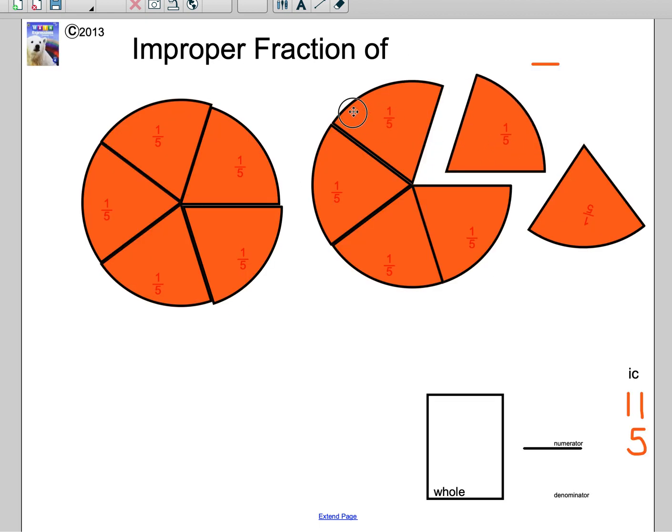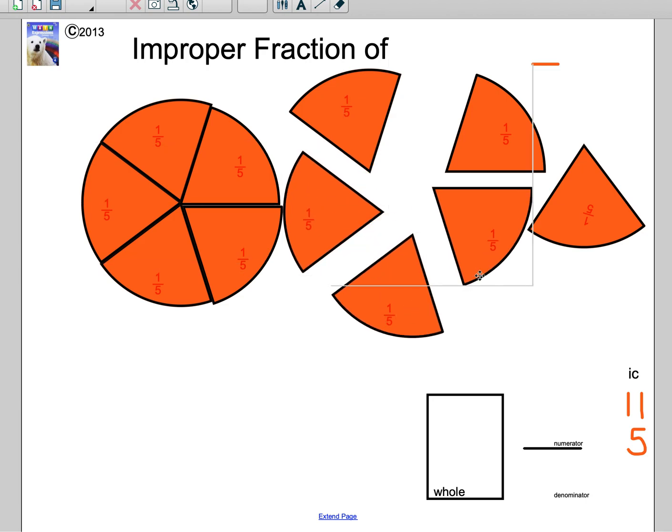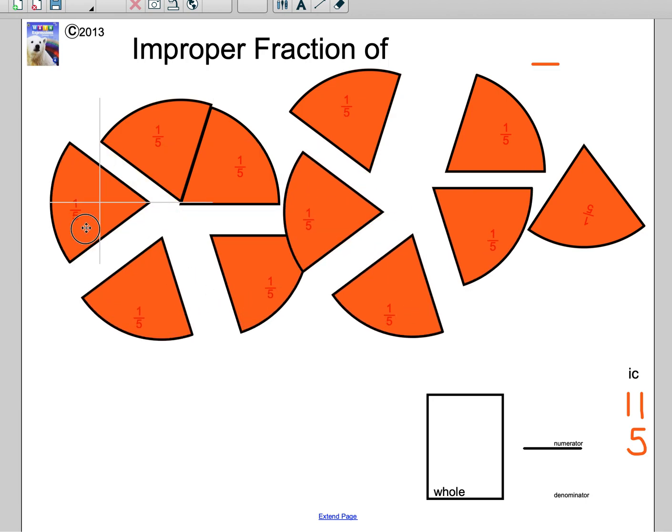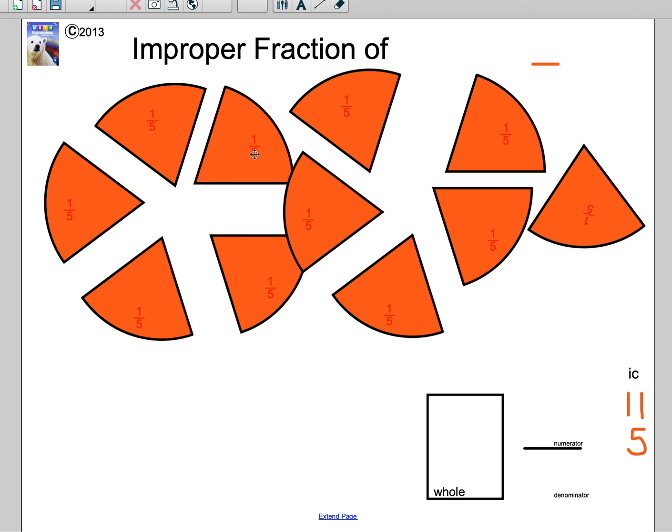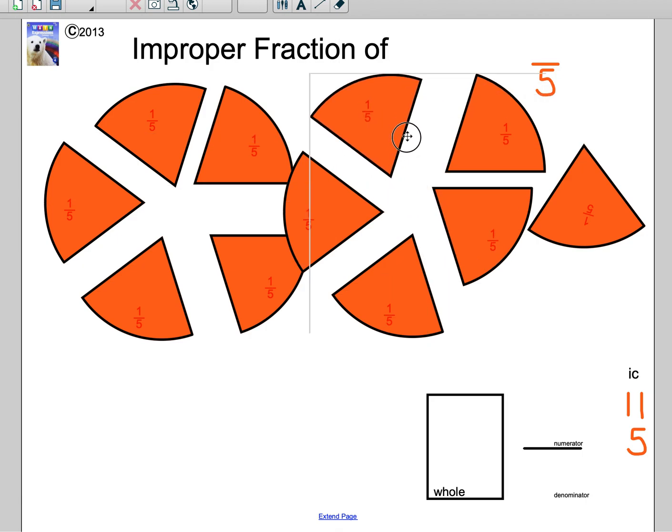So here we have a bunch of pieces of this orange, and you can see that they are in fifth pieces. And so we're going to start off with an improper fraction. So let's count these pieces, and then we'll write it as a fraction. So first off, what is the size of each piece? Looks like they're fifths. So I'm going to go ahead and put the 5 in the denominator because each of them is the same size.